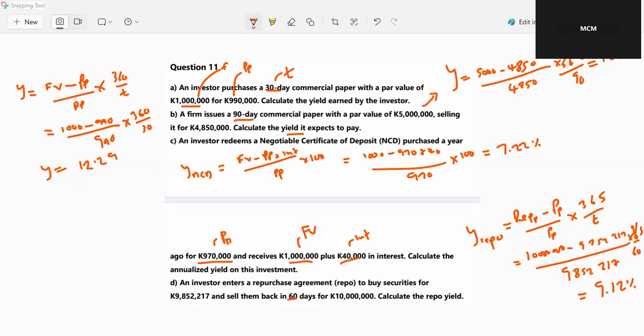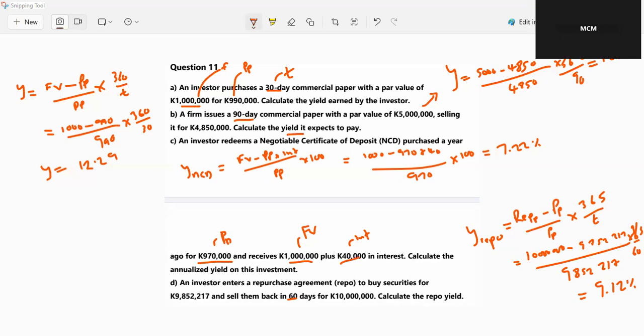So on feasibility in Zambia, the Lusaka Stock Exchange may not fully achieve semi-strong efficiency due to delays in information dissemination, and also limited analyst coverage, and insider trading concerns as well. They add up to that assertion. For instance, corporate announcements may not be instantly reflected in the prices.